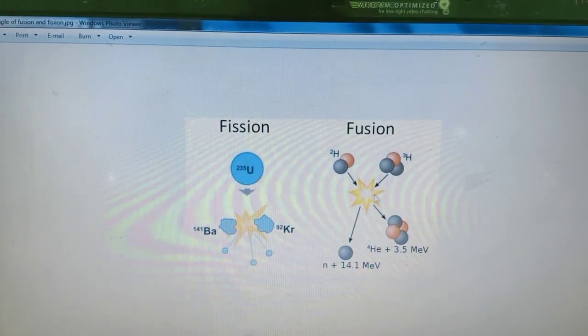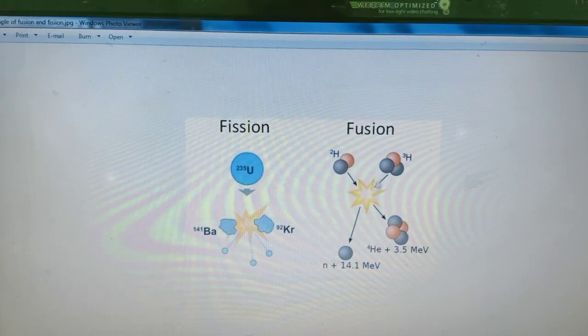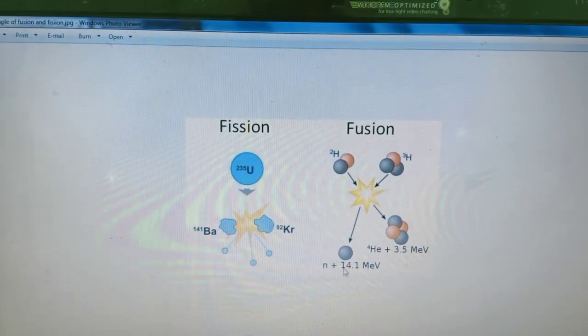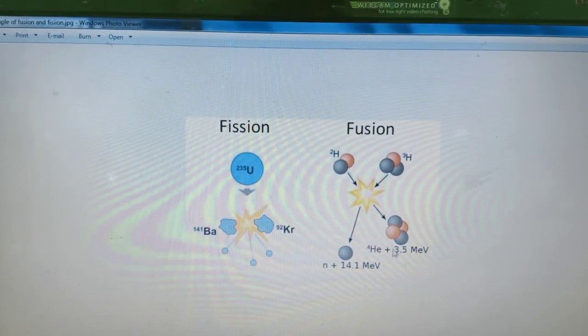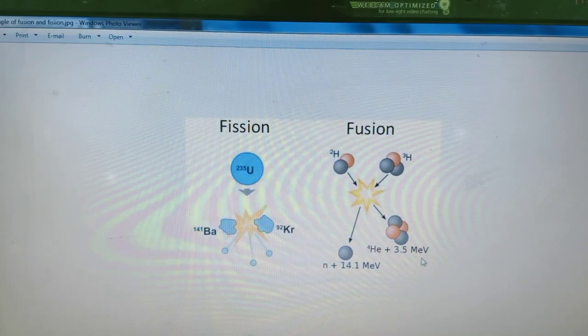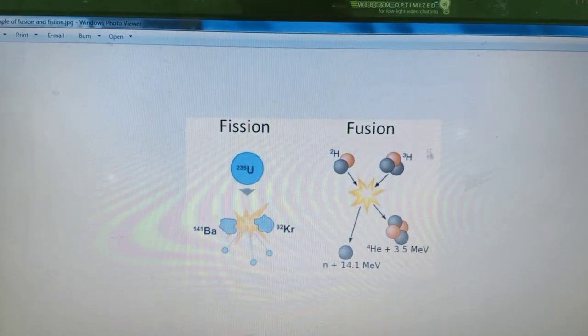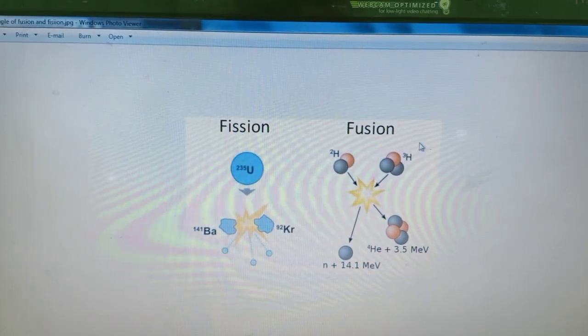This reaction will also release energy as much as 14.1 mega electron volt plus 3.5 mega electron volt. So this is the fusion reaction.